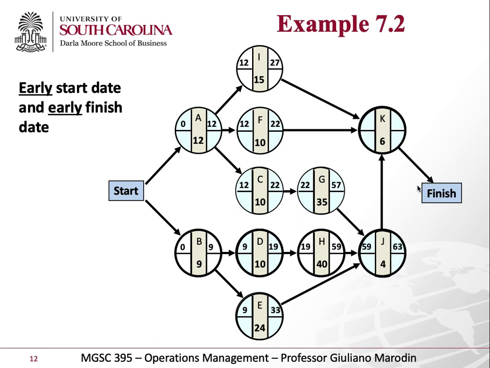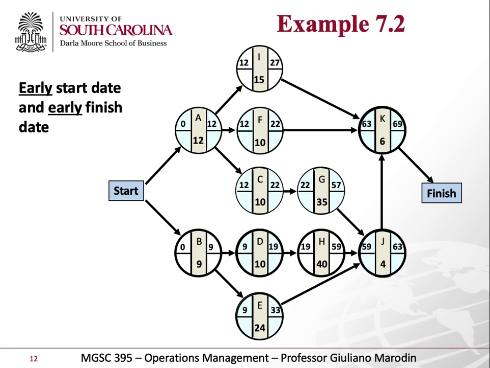Now for K, what is the earliest I can start K? Same logic as before. So 27, 22, or 63? You're correct if you said 63, right? Because it's the highest number here. So I can only start when J is ready. That's when I can start K. Plus 6, I'm going to 69.